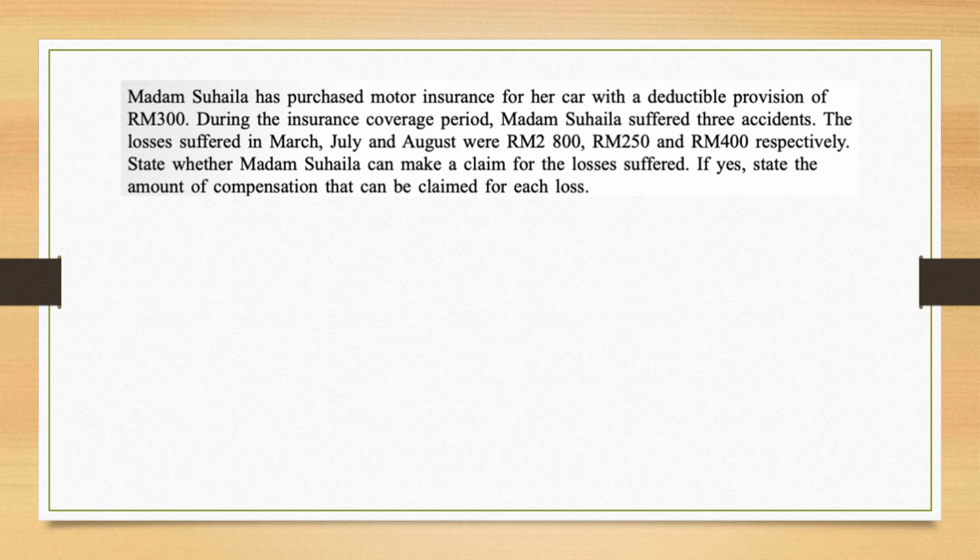As I mentioned, there is a deductible provision of 300 ringgit right here, and then March, July, August, all of this, take the amount of compensation as well as the claim. Deductible would be your 300 ringgit, so we can write that down.